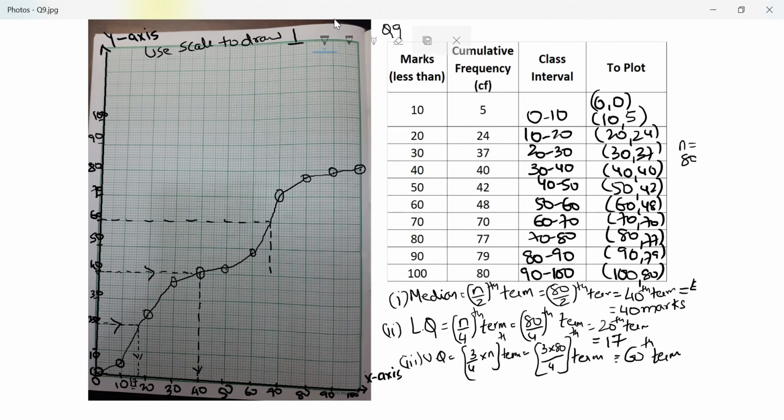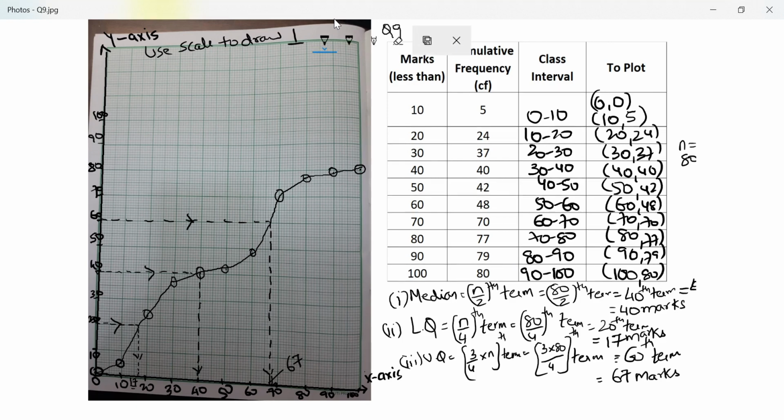I do not have access to a scale on this software, so I am unable to use a scale. You should definitely be using a scale. I started from here and I reached here. This is 65 plus 2, 67. I should be writing what number this is. Don't have enough space, so I'm writing it here. So this is 40 marks, this is 17 marks for lower quartile, and my upper quartile is 67 marks.